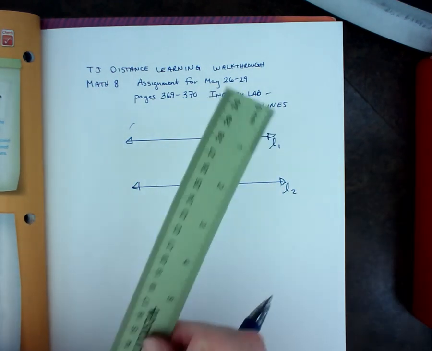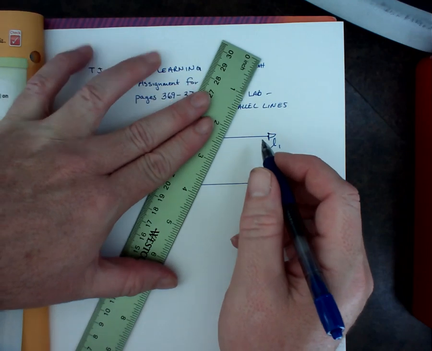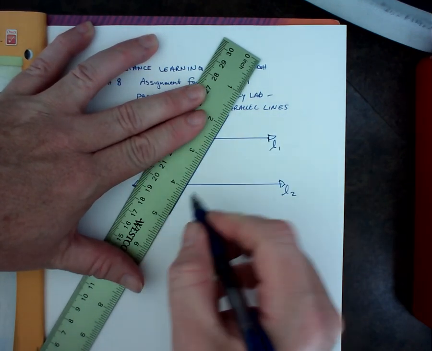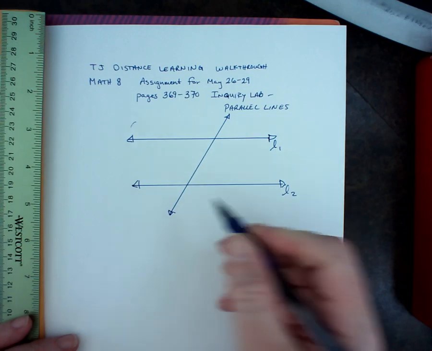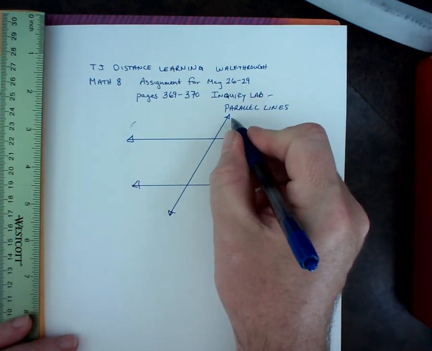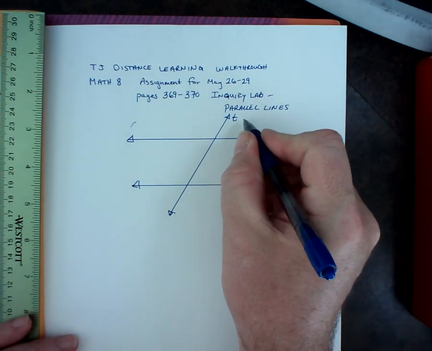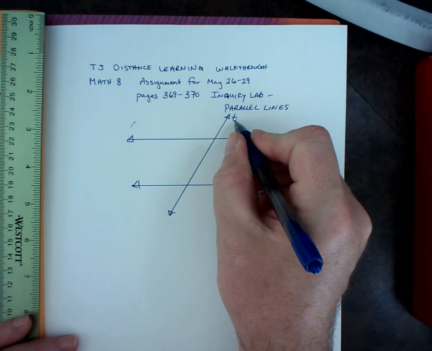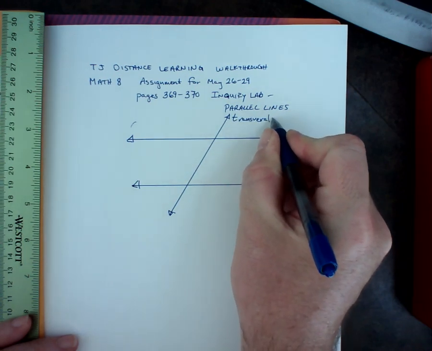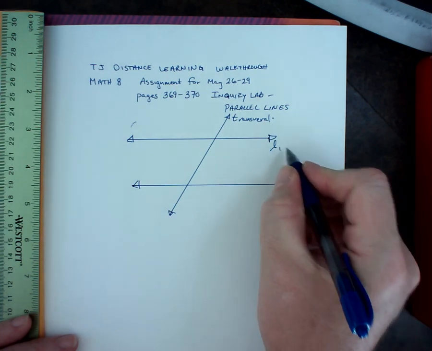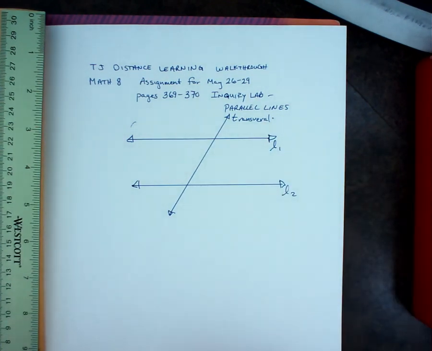Then all of a sudden another line comes through at some angle. You can imagine this is train tracks, and in old towns, some of the towns would have a transversal line. We'd call this a transversal, and we call it line T. It stands for transversal. And it creates some really nifty angle relationships.